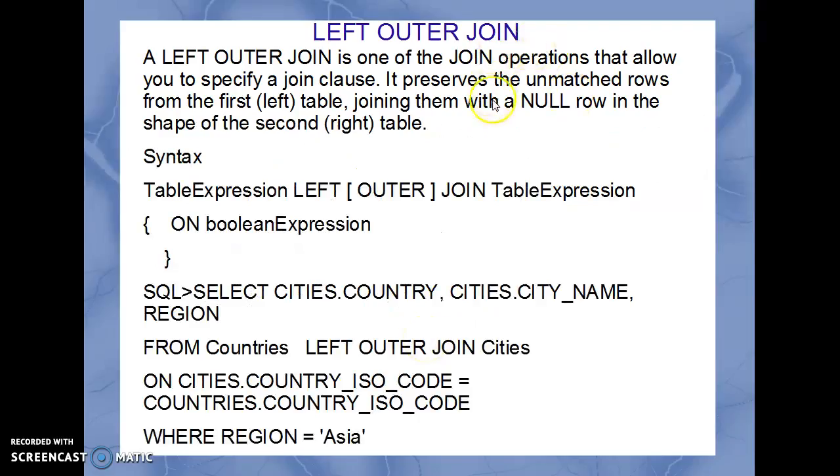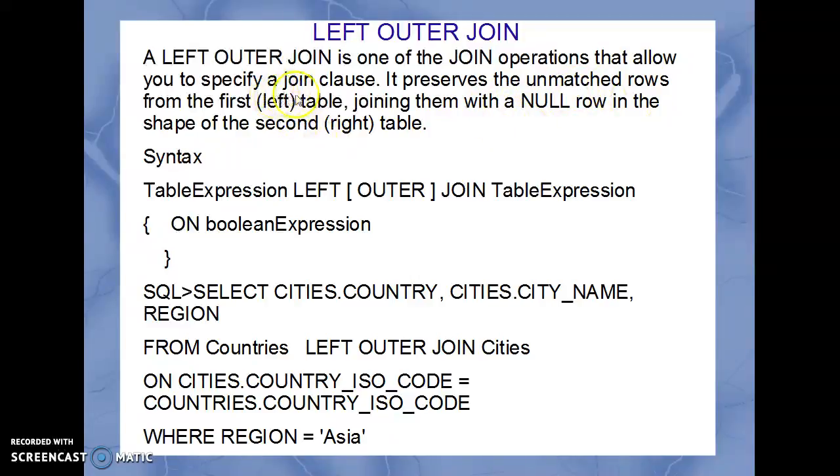The next one is the left outer join. If there are two tables, one is the left table and the other is the right table. Let's see how to join the two tables.